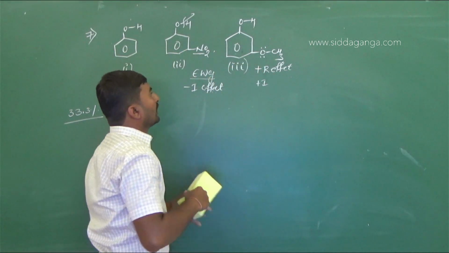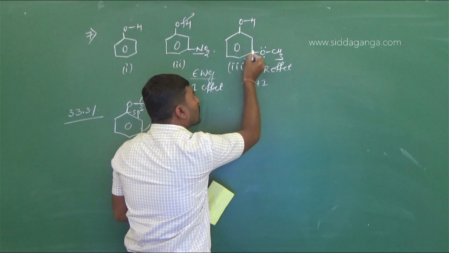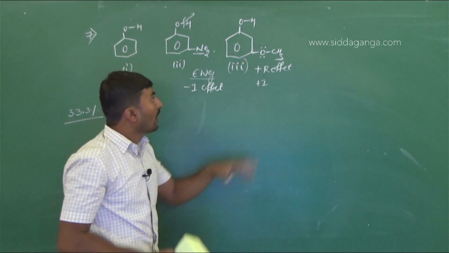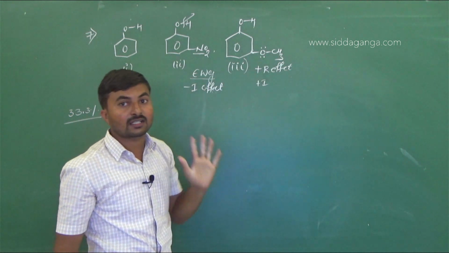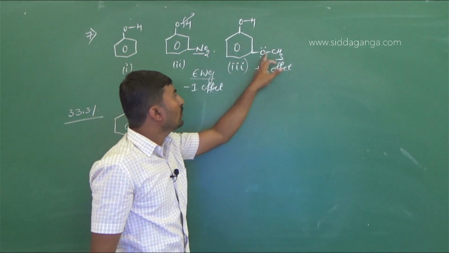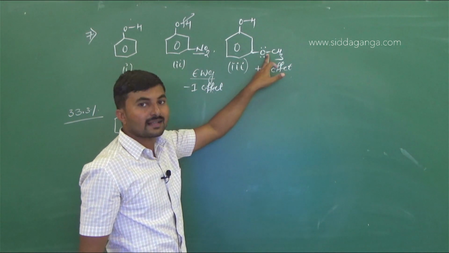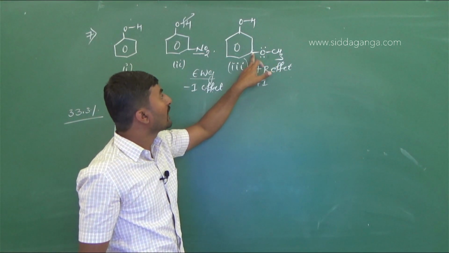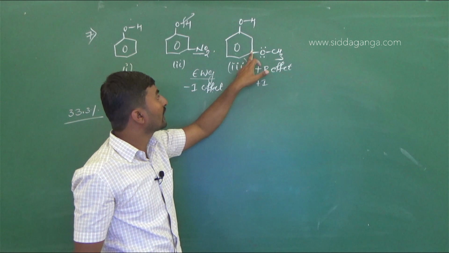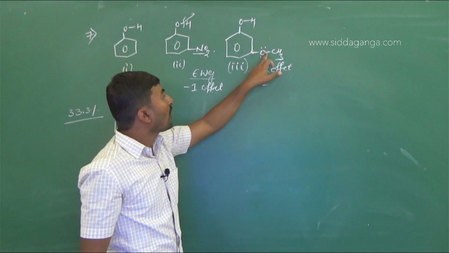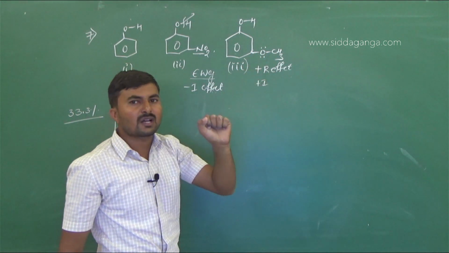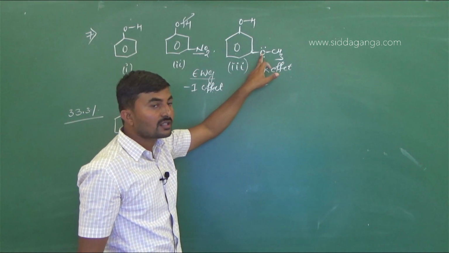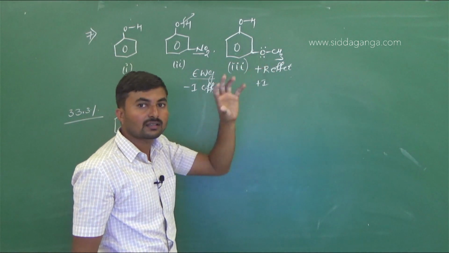But when we compare the electronegativity of this carbon atom with the oxygen atom, oxygen is more electronegative. Even though it can donate electrons by resonance, because of the difference in electronegativity, oxygen pulls some electron density from this benzene ring towards itself.